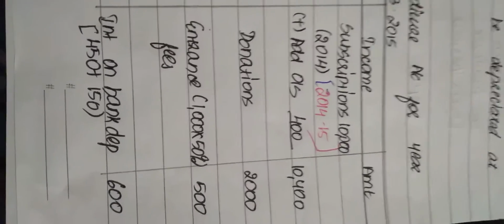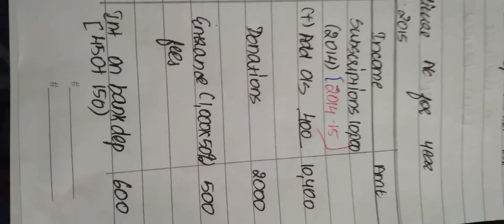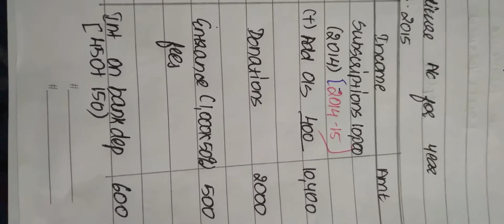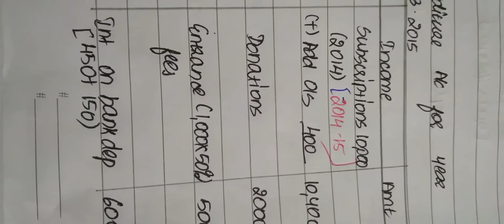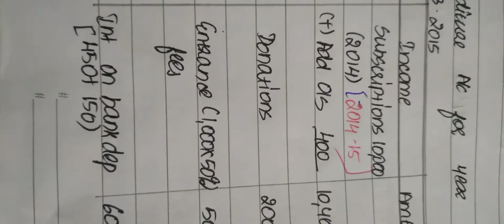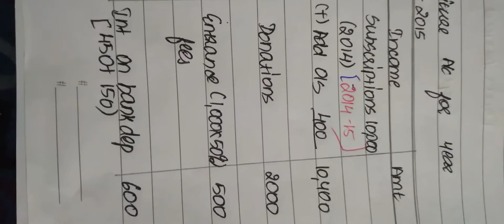So 50% is capitalized, which means the remaining 50% is a revenue item. The 50% capitalized will affect the balance sheet, and the remaining 50% you show in your revenue. So 1,000 into 50%, 500.